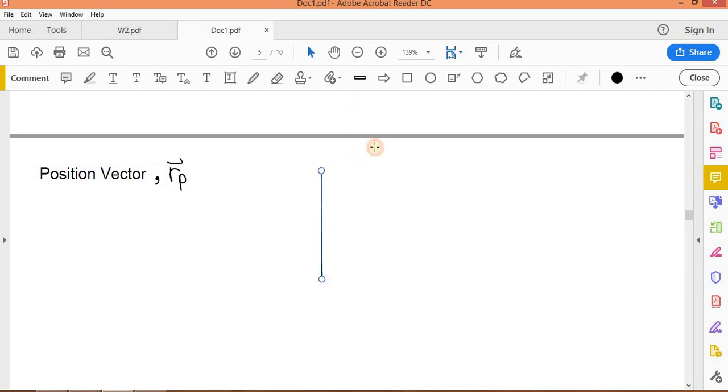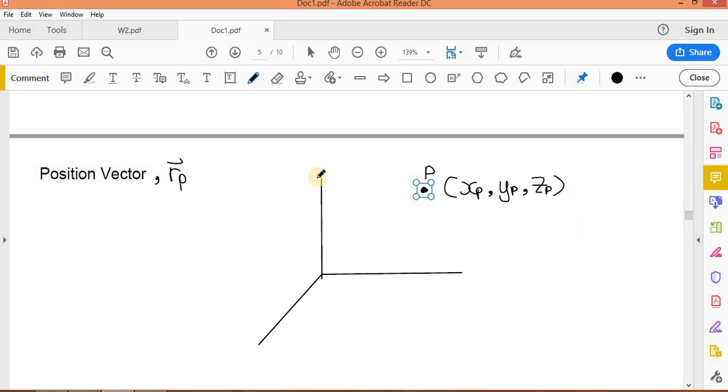Okay, so this is a 3D coordinate system, and let's say you have a point P here, and its coordinate is xp, yp, and also zp.